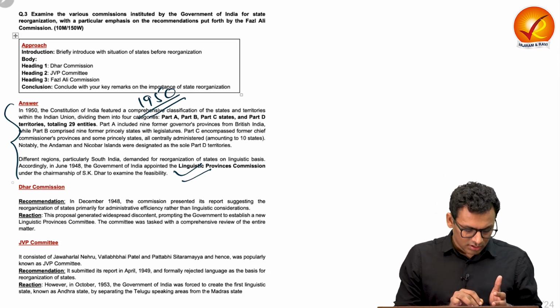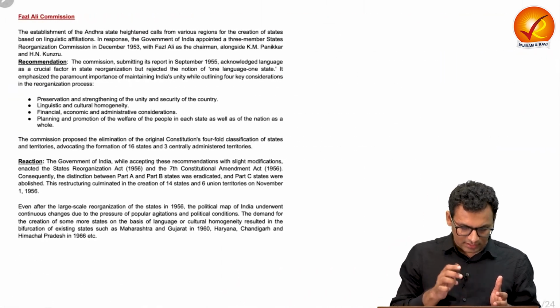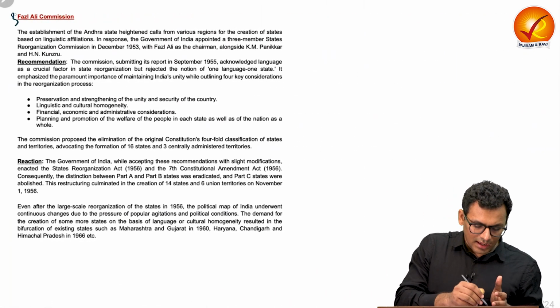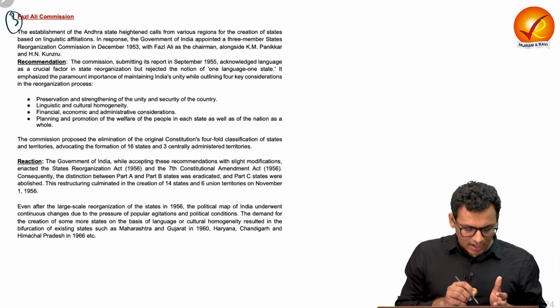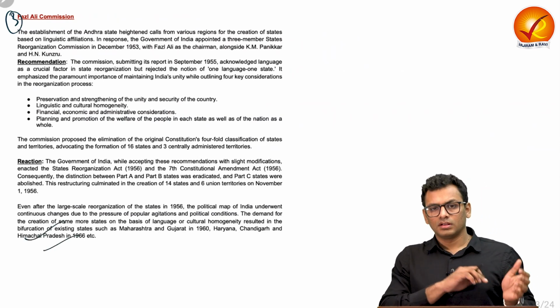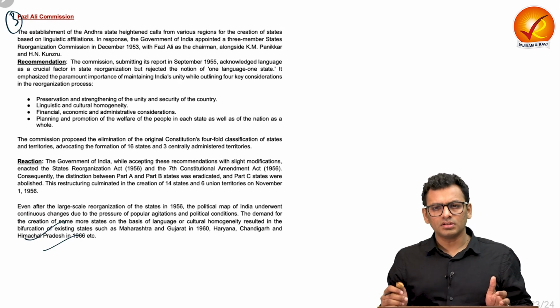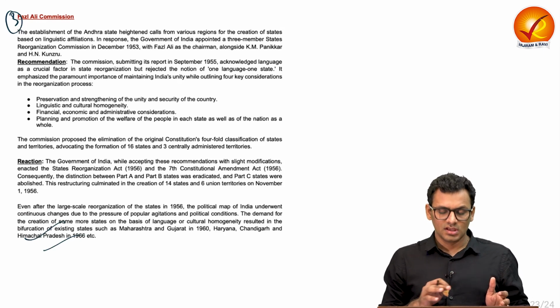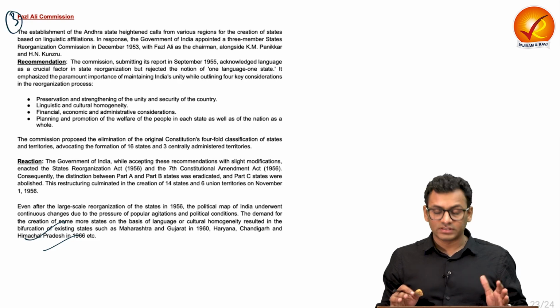You can talk about different commissions and the recommendation and the reaction as well. And you can conclude the answer by talking about how reorganization and consolidation is an ongoing and dynamic process. So that is all for question number 3 and today's session.